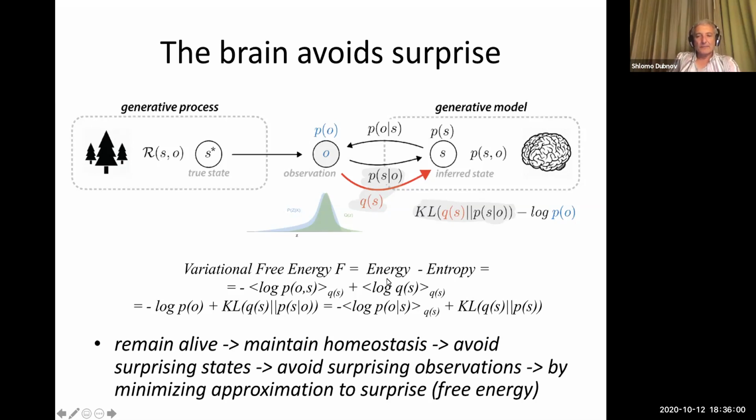The energy corresponds basically to the quality of the approximation, or the quality of the ability to guess what's happening in the world based on whatever the brain learns, which is this probability of these hidden states. And the entropy is basically a measure of the amount of freedom, in some sense.